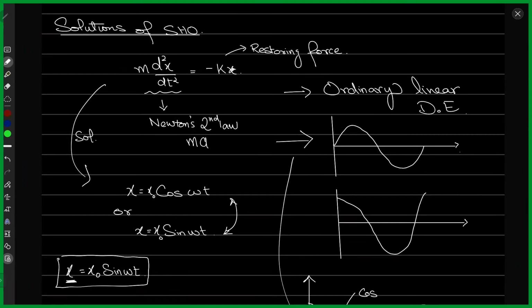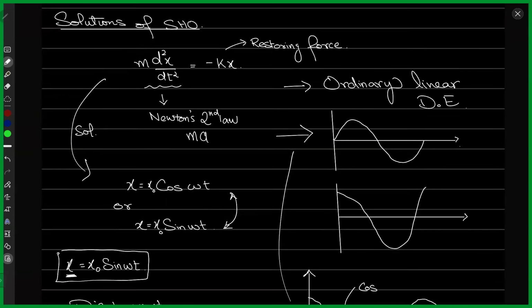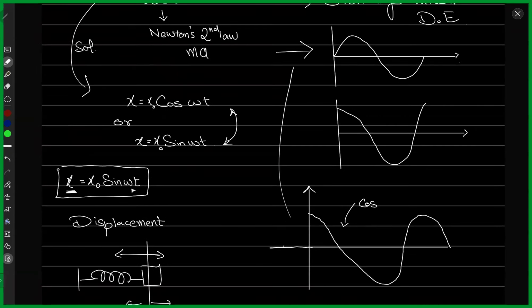Now the solution to this type of equation is this one: x is equal to x naught sine omega t. X naught is just a constant, and that constant carries the units of meters, or whatever the units of x are, meaning that it is just telling you about the amplitude of any oscillation.